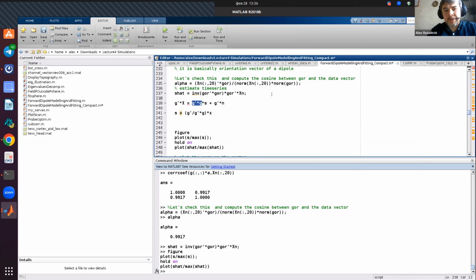So you need to divide it by G transpose G, and then you get your S. That's essentially what I've done here. This one is this one, and this one is this one. Normalization, okay? So that's it. We found the time series.